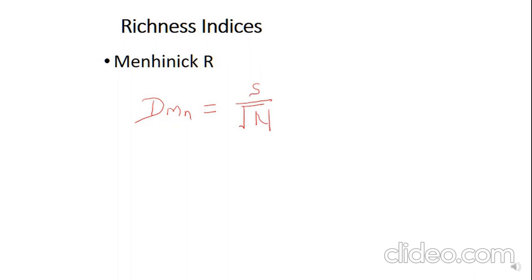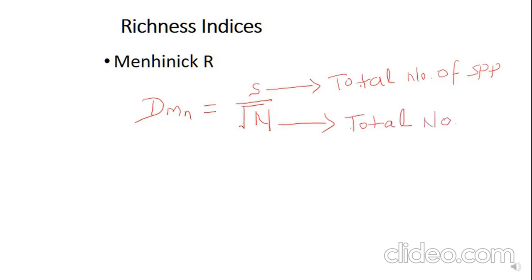So S represents the total number of species, and n represents the total number of individuals in a sample.